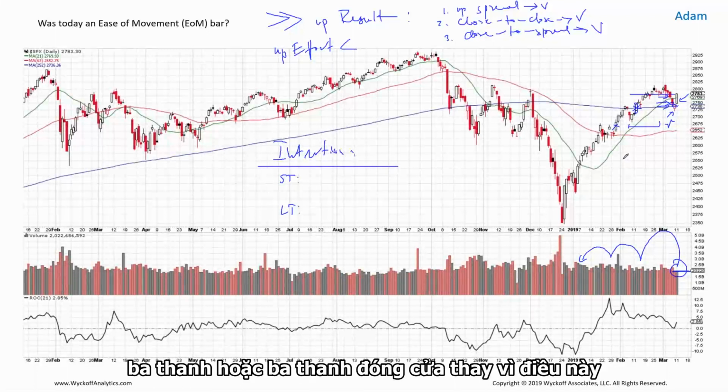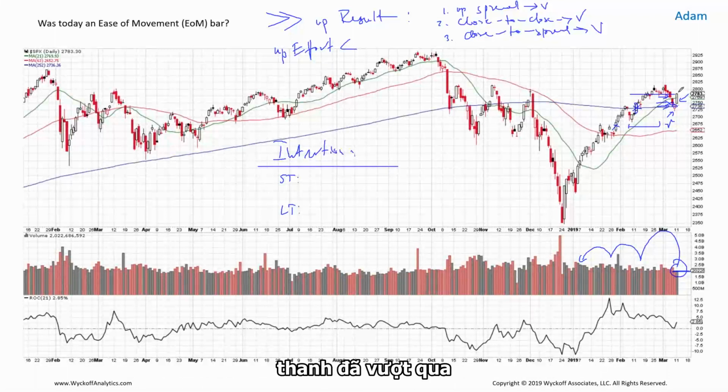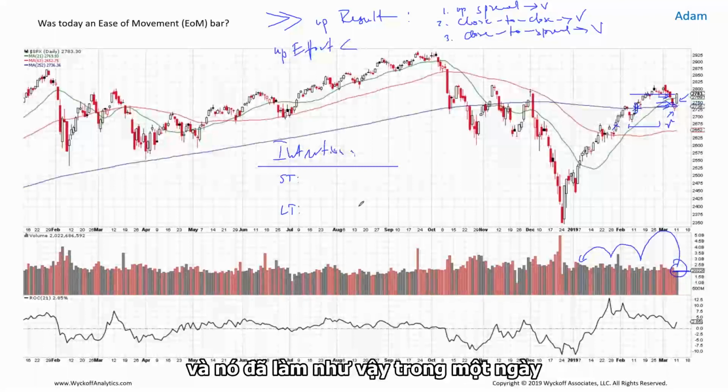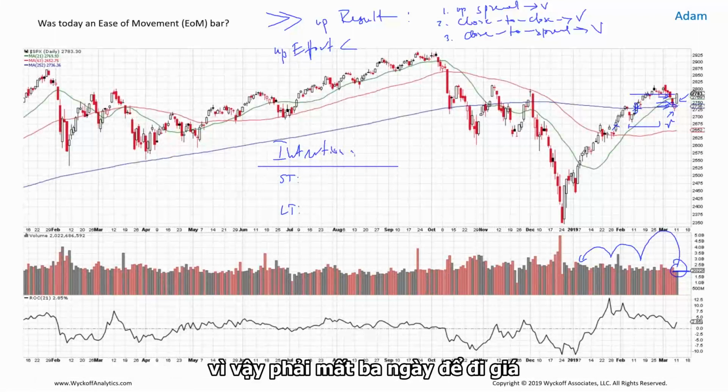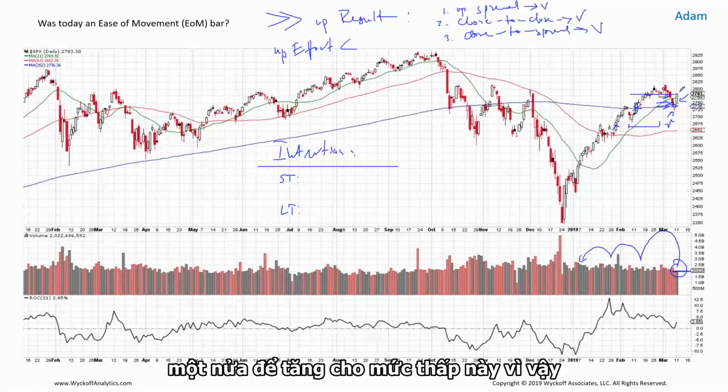3 bars, or 3 closes rather, this bar has overcome the latest 3 bars to the downside. And it did so in 1 day. Not in 2, not in 3, not in 4, in 1 day. So it took the price 3 days to go down, and it took just a day and a half to rally off this low.